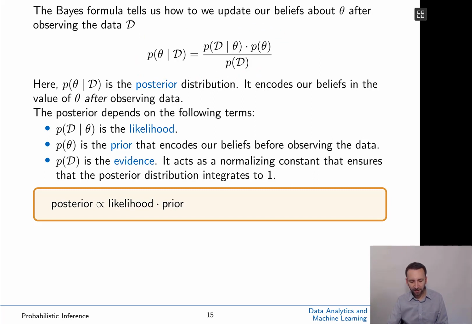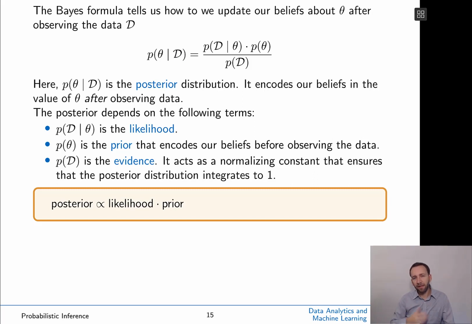So what we see here is, on the left-hand side, the so-called posterior distribution. The posterior distribution is asking something slightly different, but crucially different than the likelihood. It is asking about what is the probability for a specific parameter given the data. So what do we believe about the parameter given the data?